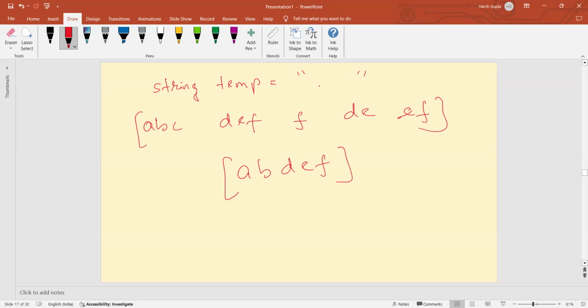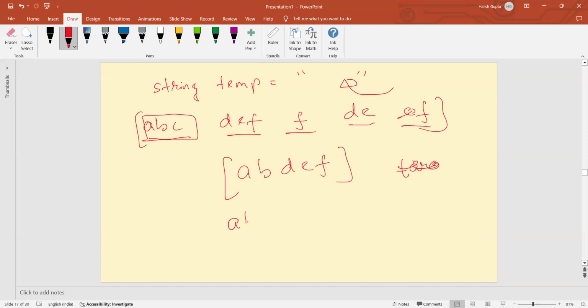So what I will do is go to each possible word and see if I can insert that particular word over here or not. What is the restriction? The restriction is that your target is ABDF. Now, if you try inserting ABC, you can't do so. You can't insert ABC in this string temp. Why?